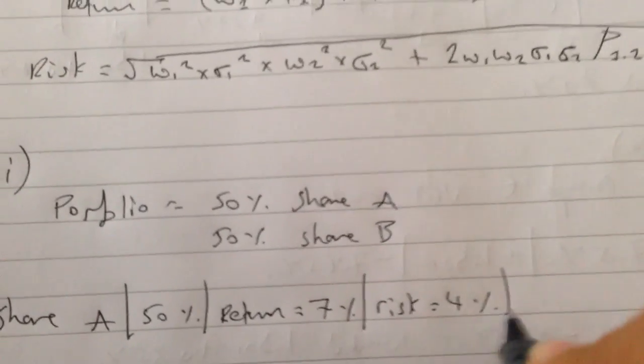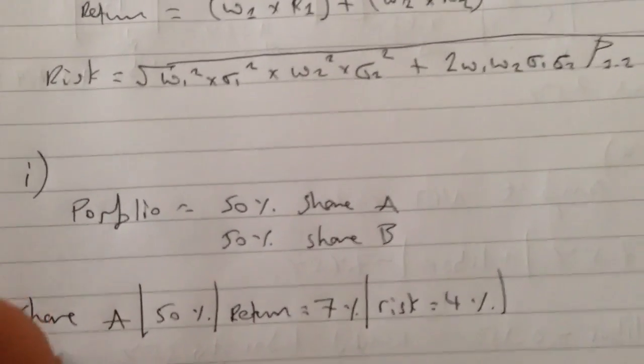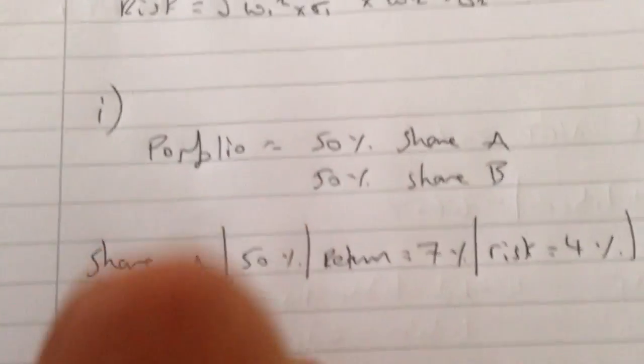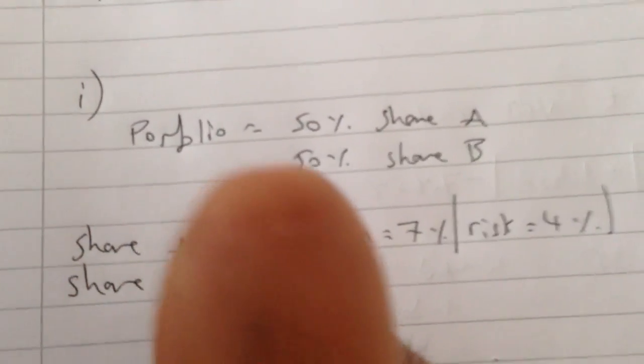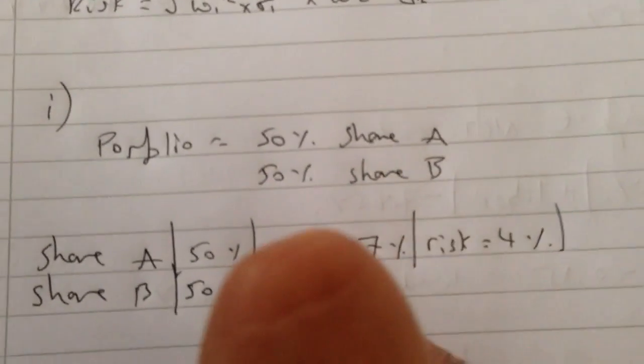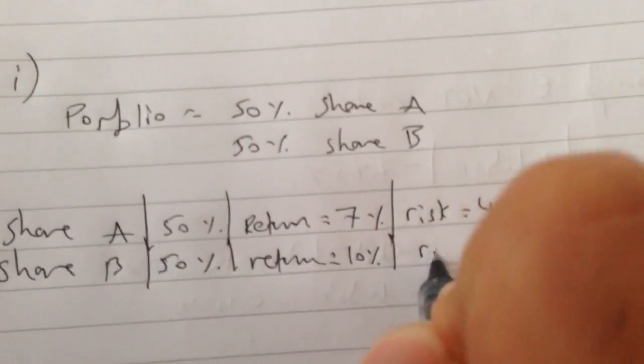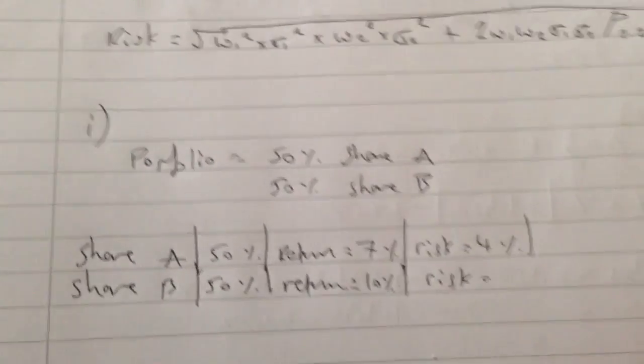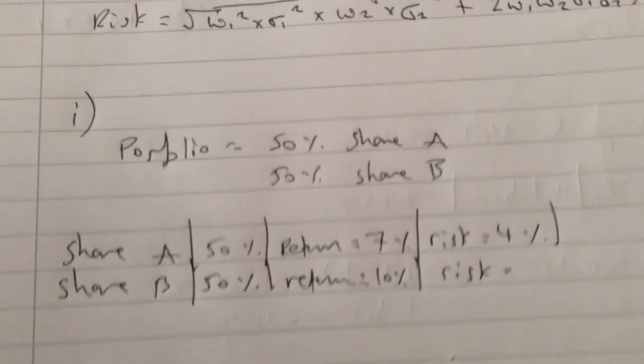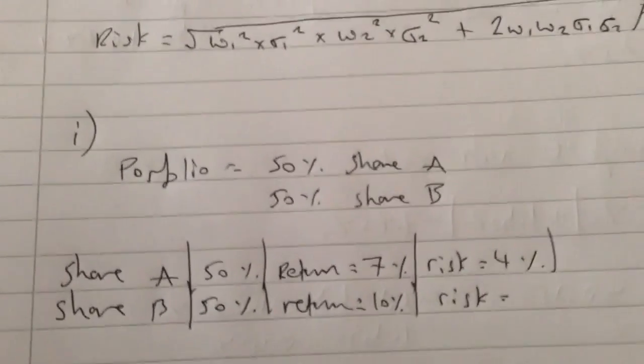That's all here in the question, share A, risk, return. For share B, again 50% weight to make up 100% of the portfolio. The return for share B is 10%, and the risk for share B equals 8%.